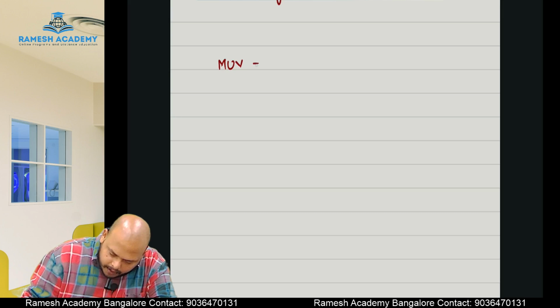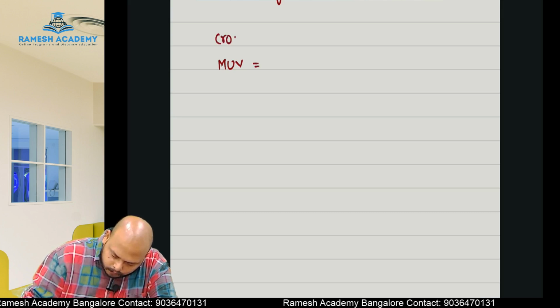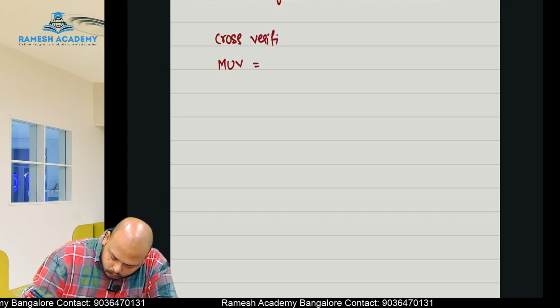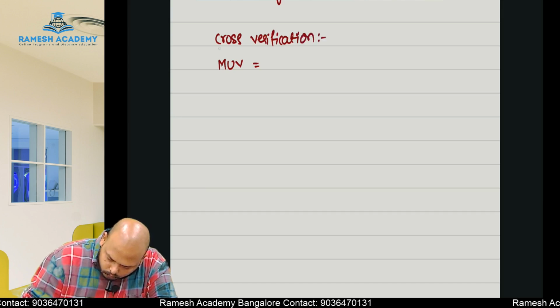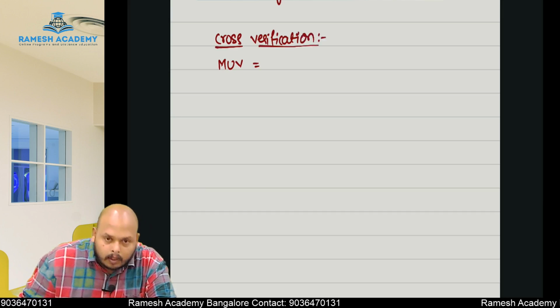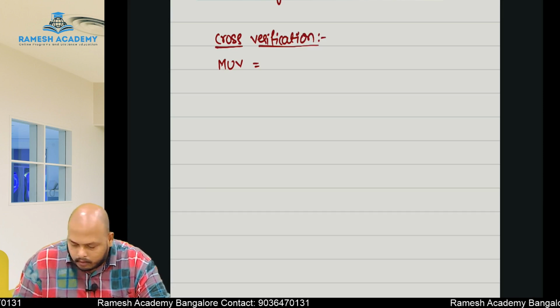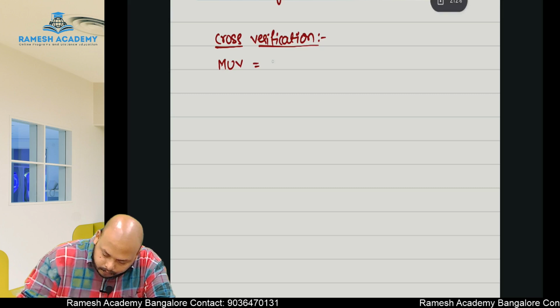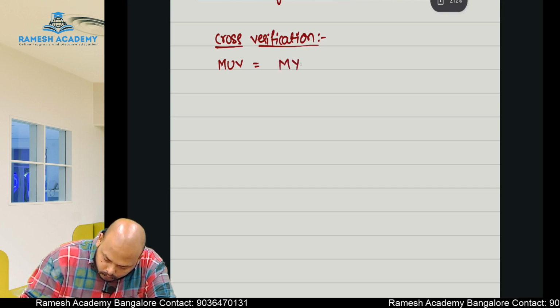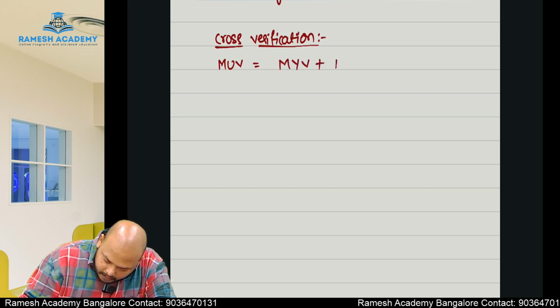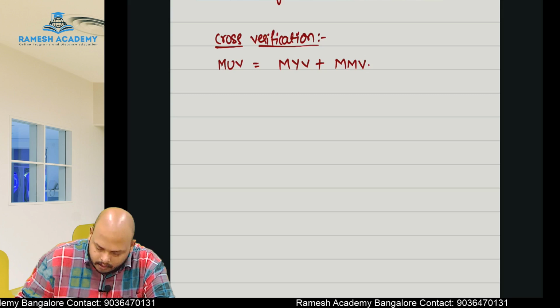Material usage variance is equal to material yield variance plus material mix variance, correct?